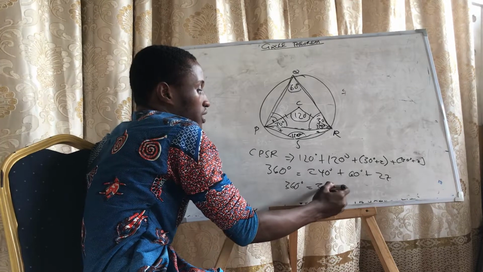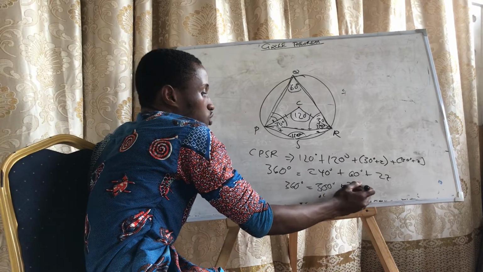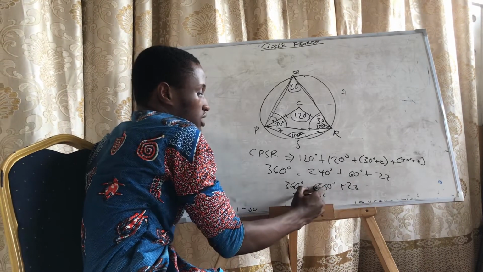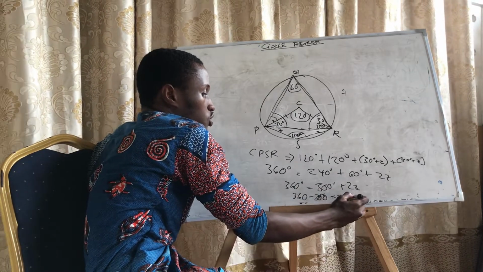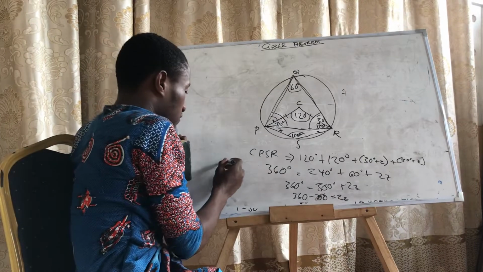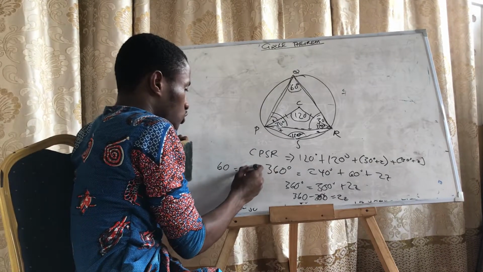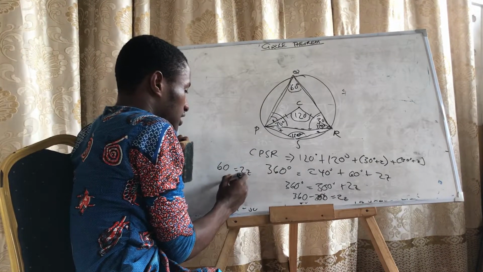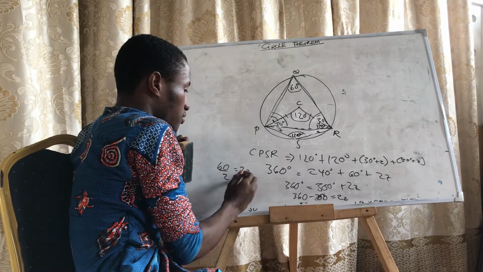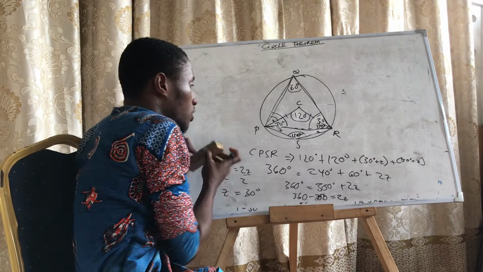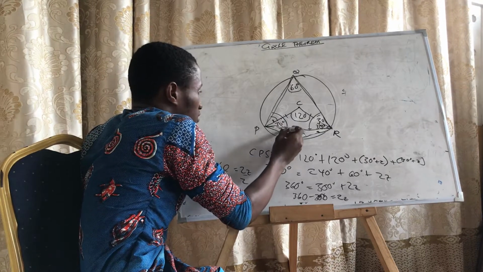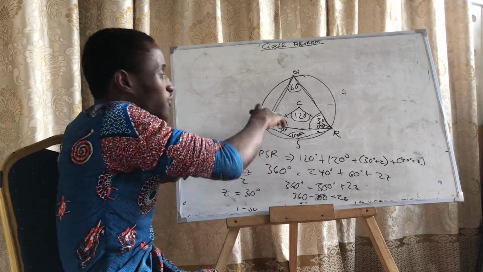So equal to 300 degrees plus 2Z. So 360 minus 300 will be equal to 2Z. And I have 60 equal to 2Z. So you divide through by 2. So Z will be equal to what? 30 degrees.